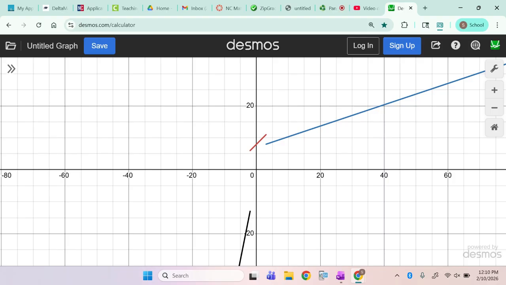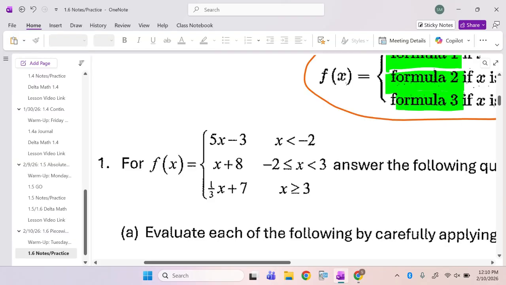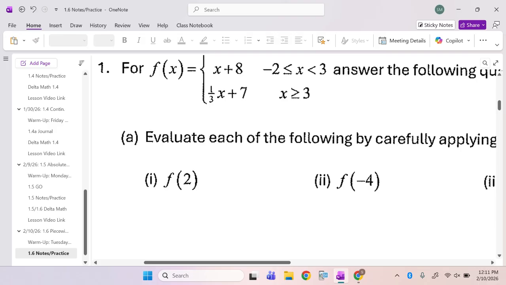Now, here's why it's a little bit gross. Let's say that I wanted to evaluate, let's just look at the first problem. Let's say I wanted to evaluate f of 2. So f of 2, that's the same thing as what?